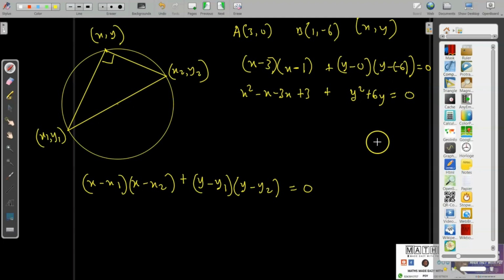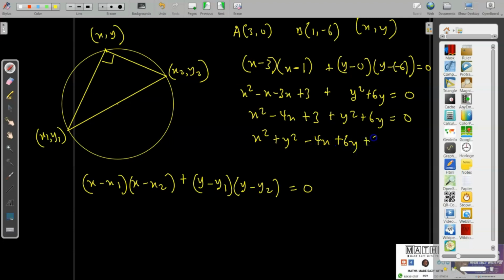My people, are you with me? So you have x squared minus 4x plus 3, then plus y squared plus 6y equal to 0. Regrouping, you have x squared plus y squared minus 4x plus 6y plus 3 equal to 0. This is what I'm getting using this formula.